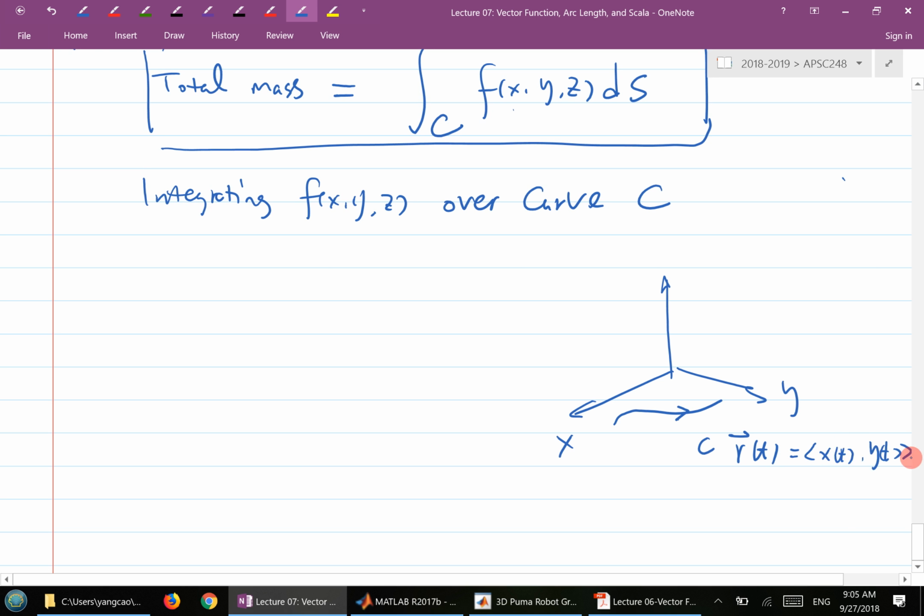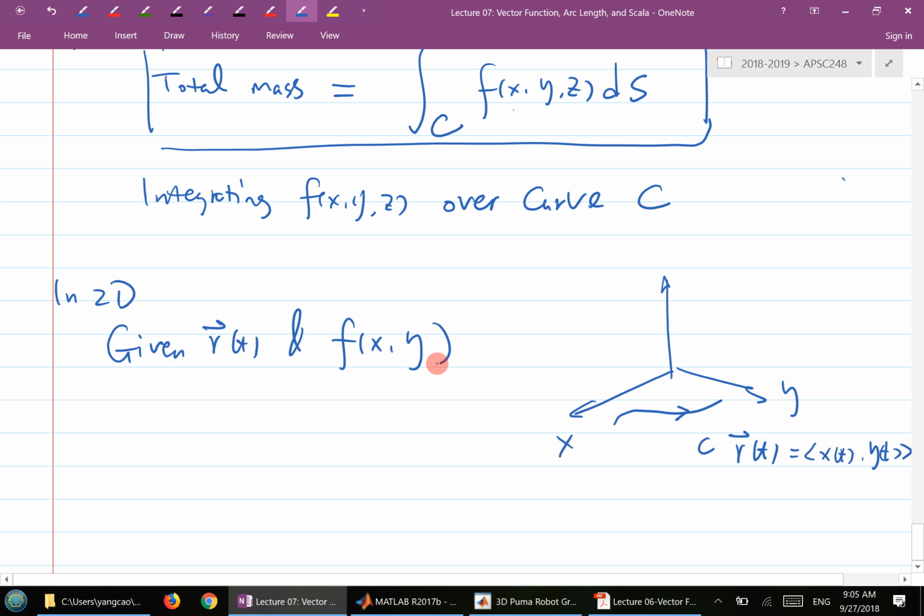Similarly, you will be given r of t and the density function, or let's just call it a function now.